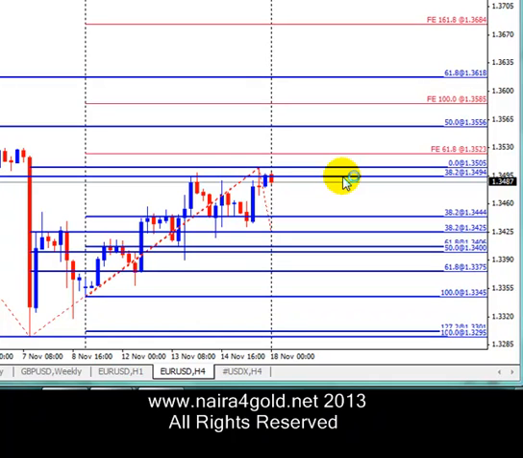Whether or not these happen and price comes down, we'll be looking at buying at 1.3444, 1.3425, 1.3406, 1.3400 levels, and possibly 1.3375. So these are the key levels to keep a watch around.